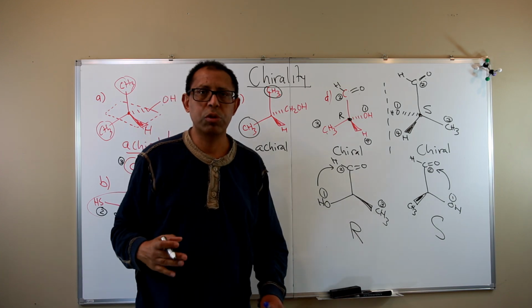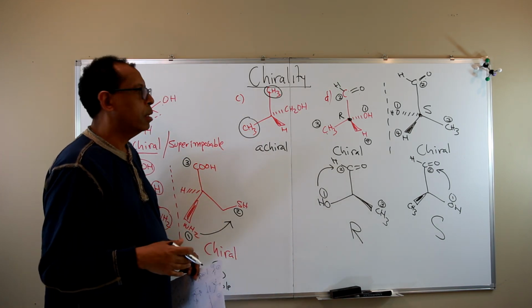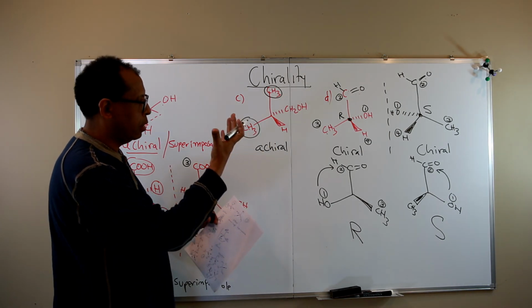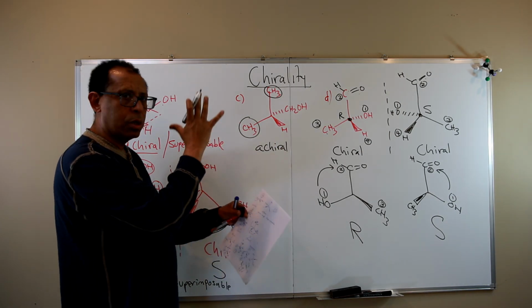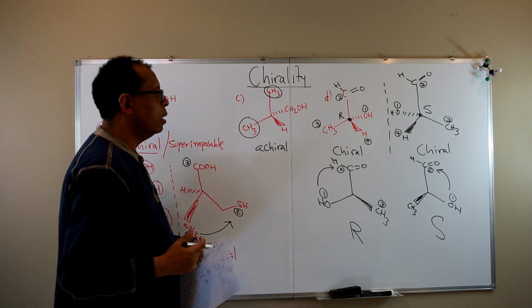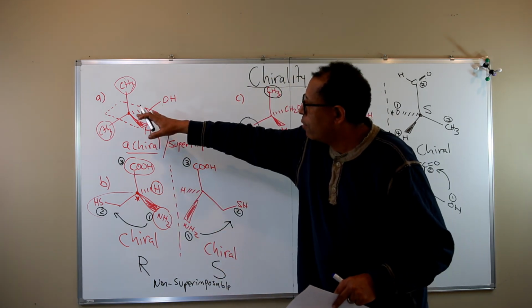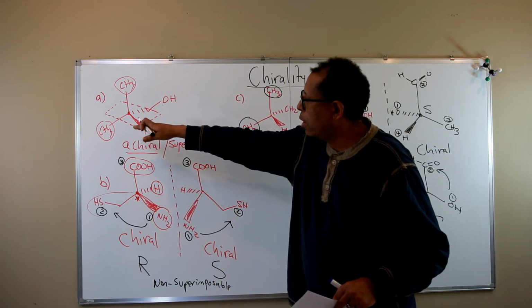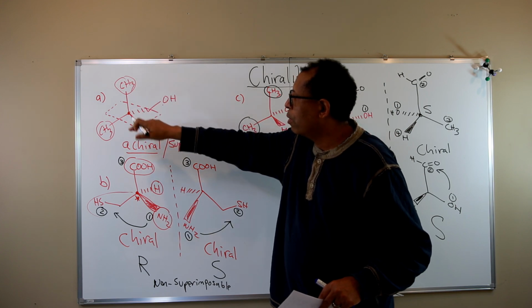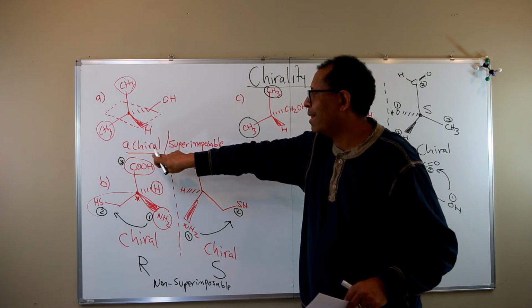So I want you to practice how to assign priorities, how to push the lowest priority atom to the back of the plane of the board and assign the R and S. And remember also, whenever you have a molecule that does not have four different substituents but rather two similar substituents, that's achiral.